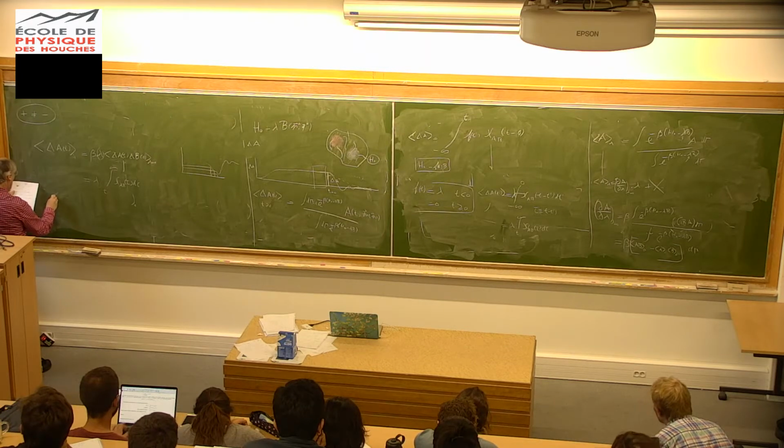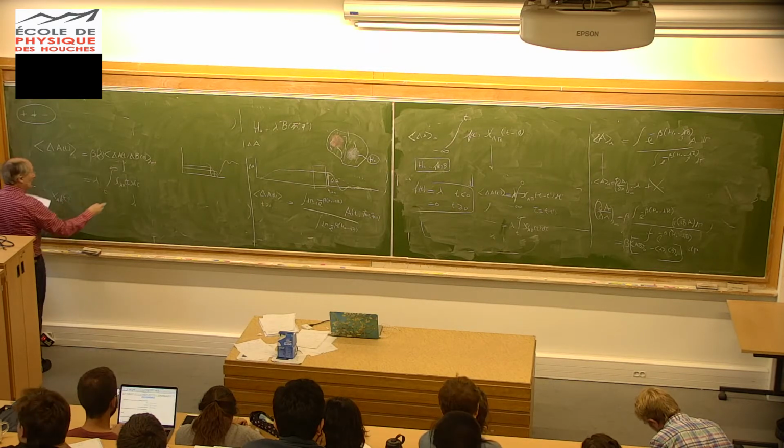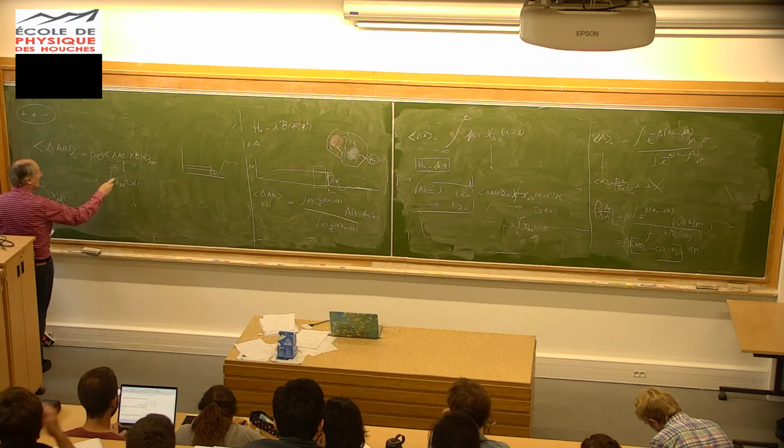So chi AB of t. We do that by differentiating with respect to the limit of the integral.